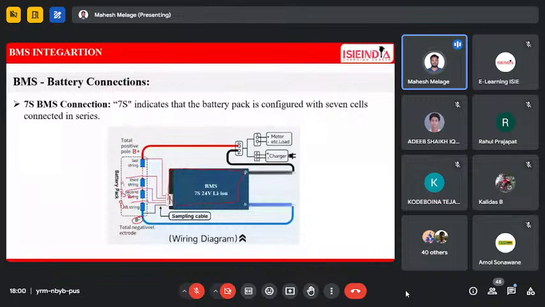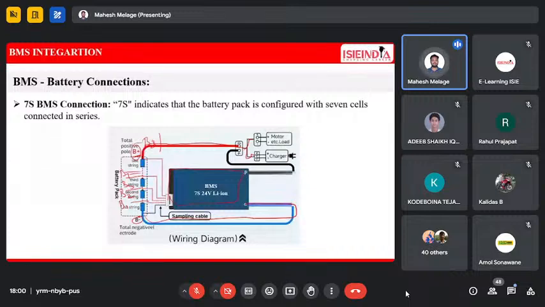This is a B3. Goes to the B7, and last is the B8, nothing but the B positive. And how are they connected? The B positive, battery positive, is connected directly to the load, motor or charging side, and B negative is connected to the battery pack or BMS also.